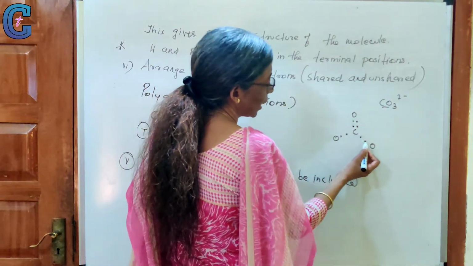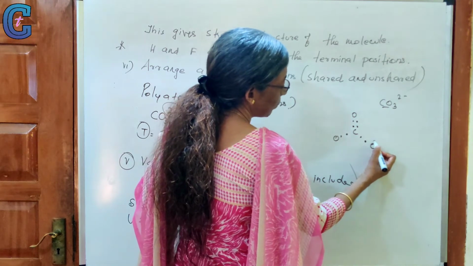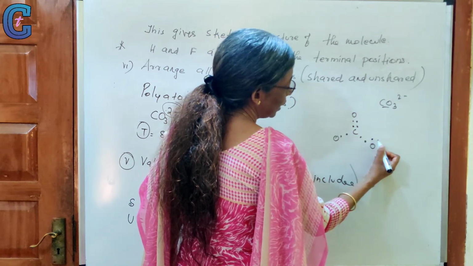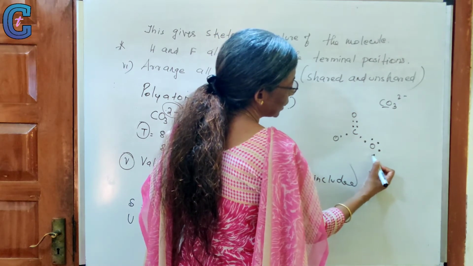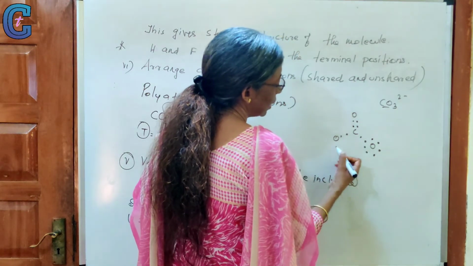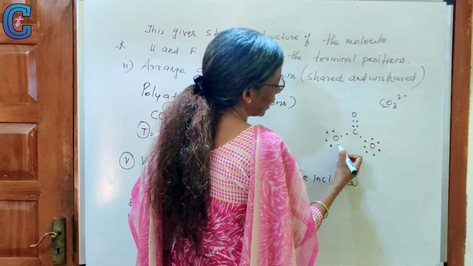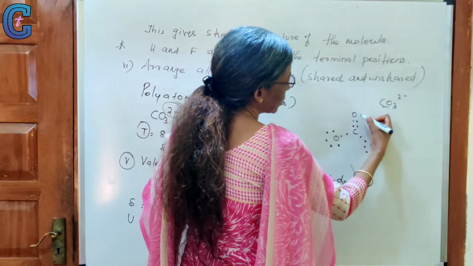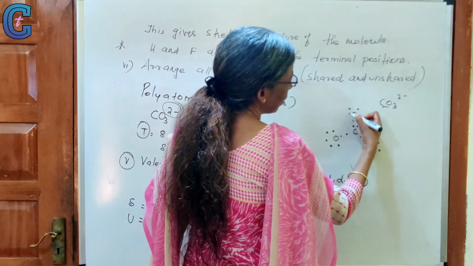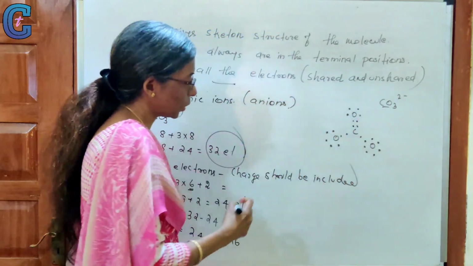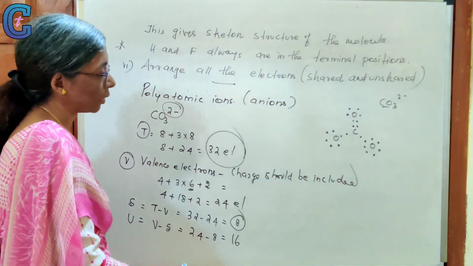Here already 2 electrons are there. Complete the octet. 2, 3, 4, 5, 6, 7, 8. Here 2, 4, 5, 6, 7, 8. Here already 4 are there. So 5, 6, 7, 8. So if you calculate the unshared electrons, there should be 16.